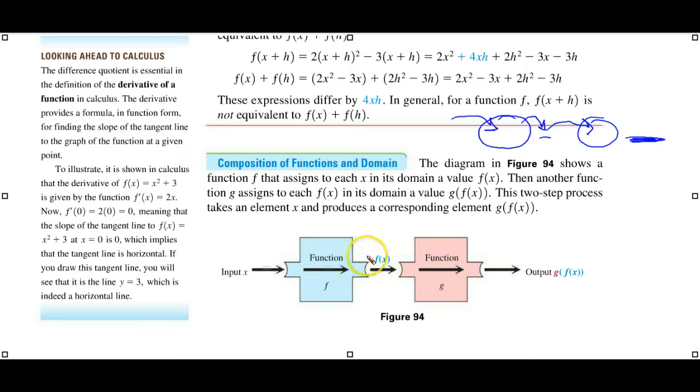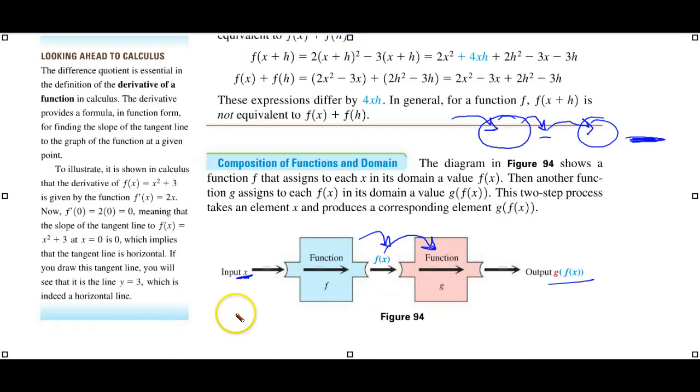And here's how they're showing it, which is much more detailed than my example. You have input x, it goes into this machine, you get an output. Then you take this output, put it into this machine, and you get this. And this is the way they write it. Okay? Now, there's other ways to write it too.